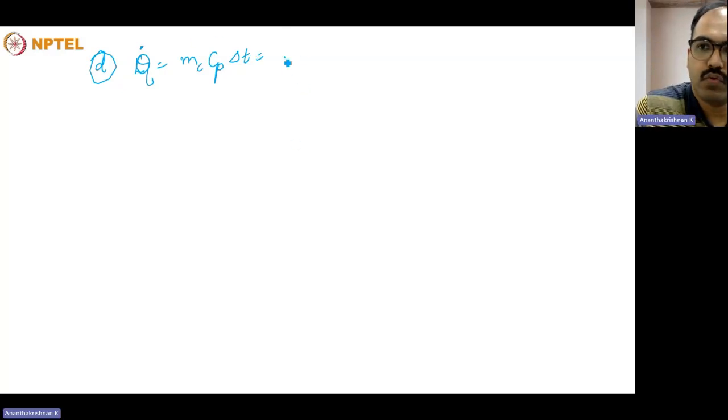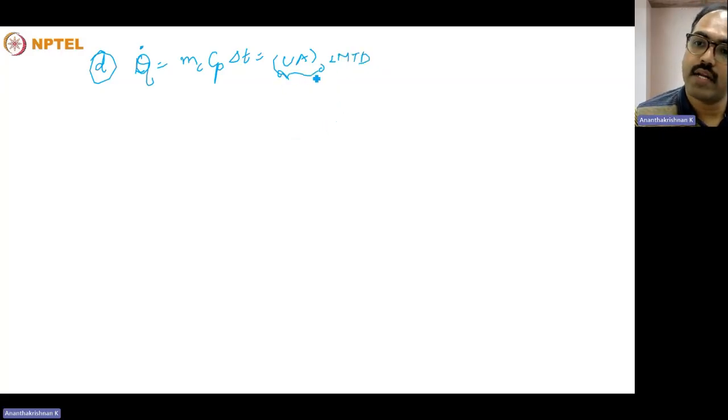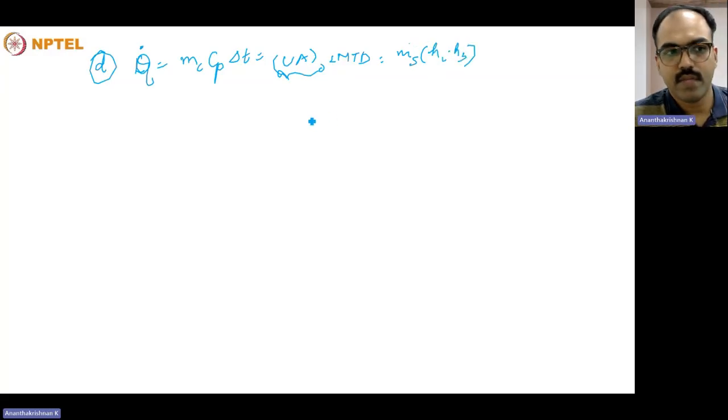That will be equal to UA LMTD, that is the overall conductance into outside area into LMTD. That will be same as the mass flow of the steam into H2 minus H3. What we have to determine from this is the area, and from the area we can get the total number of the tubes and the length of the tubes as well.